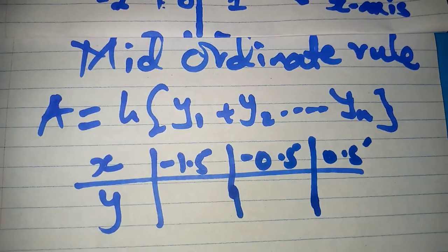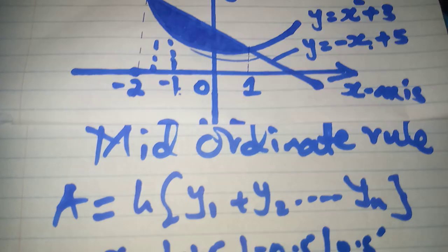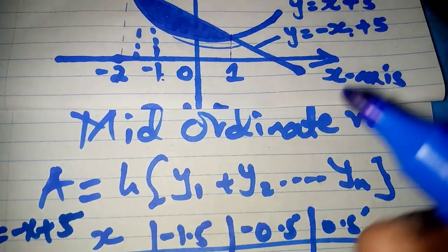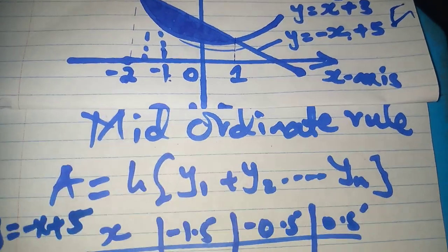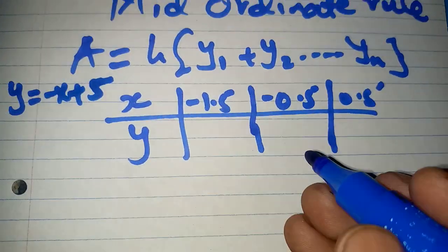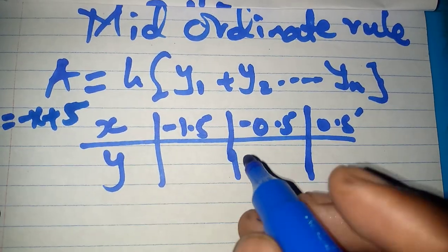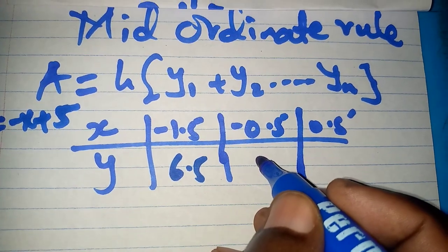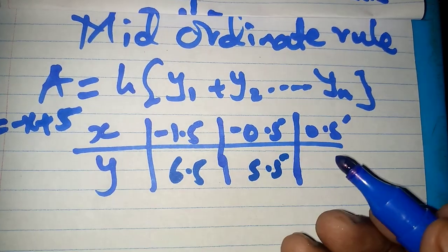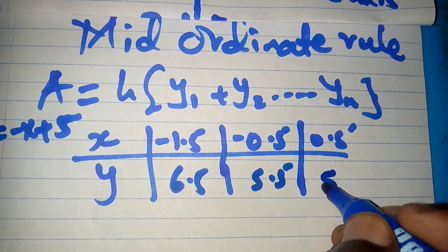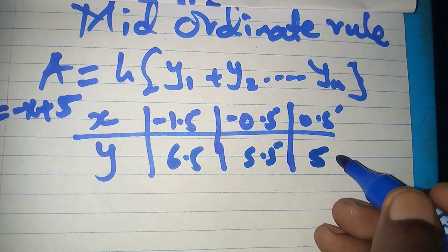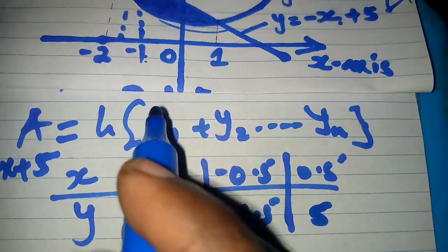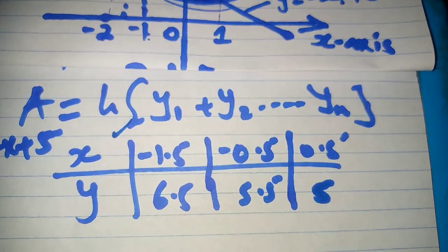So substituting in the first, our equation was y is equals to -x plus 5, this one. Then the answer now becomes, when I substitute that, I'm going to have 6.5, 5.5, and of course 5. So using that and applying it in the formula, remember my h still remains the same.